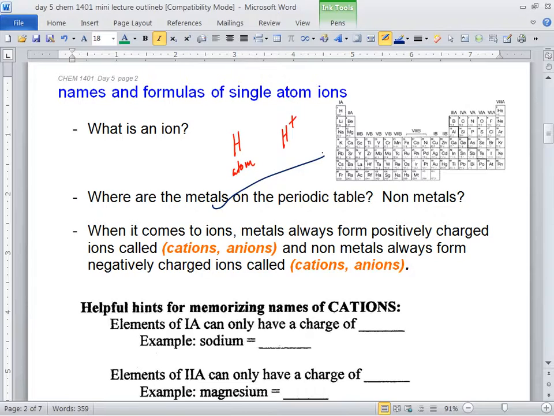In nature, is most everything a metal or a nonmetal? In nature, most everything is a metal. I'm going to circle almost this entire periodic table, all the way up until that little squiggly line there. All metals.